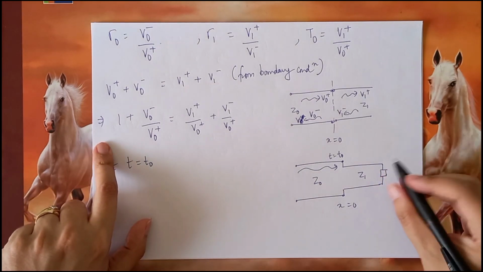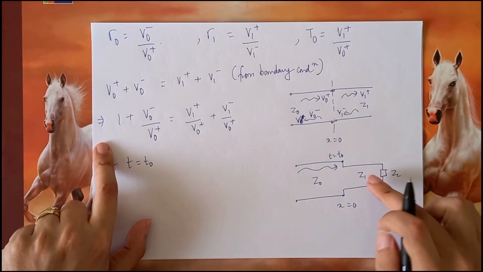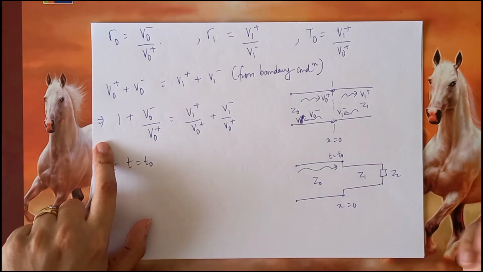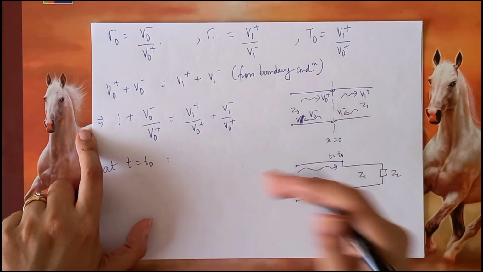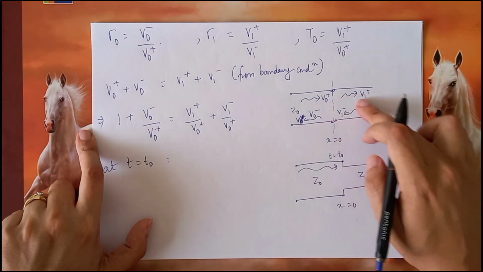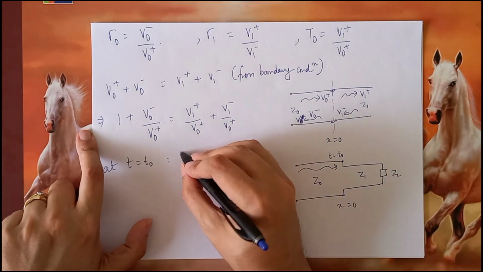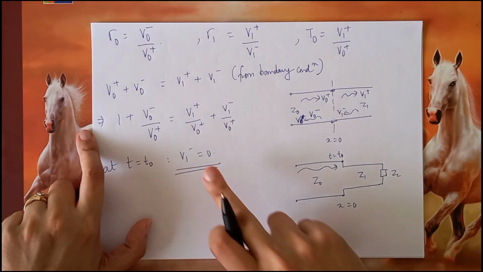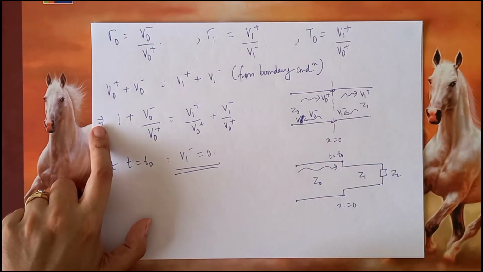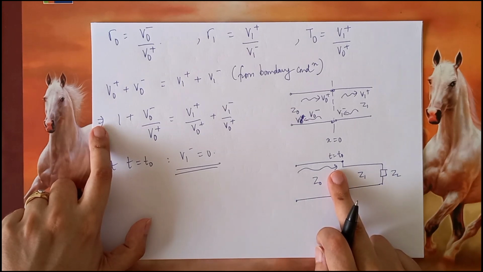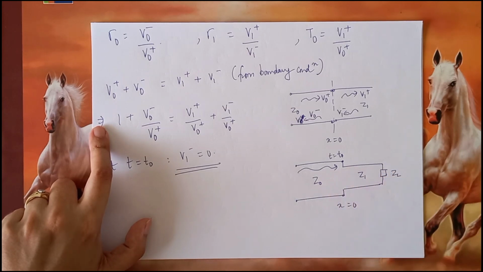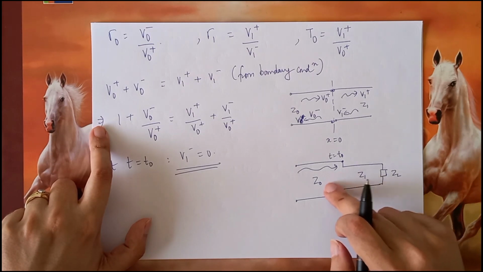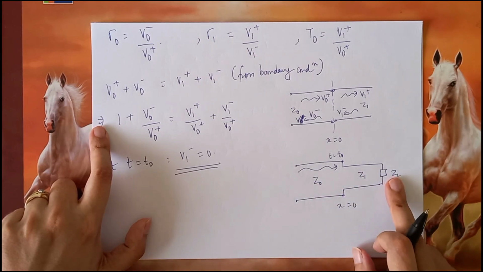So now it does not know what the load is. So therefore, the Z1 line will not see any reflection. So at time t equal to t0, I can say that the reflected wave in the second line will not exist. Please note that the reflected wave will only exist after the wave hits the load at least once. It may exist in the Z0 line, but not in the Z1 line.